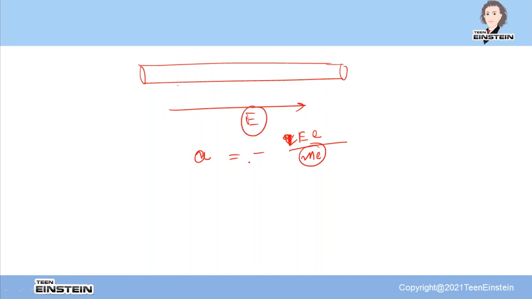Now I'll try to find the velocity of the ith electron during time interval t. Suppose I have multiple collisions like this.